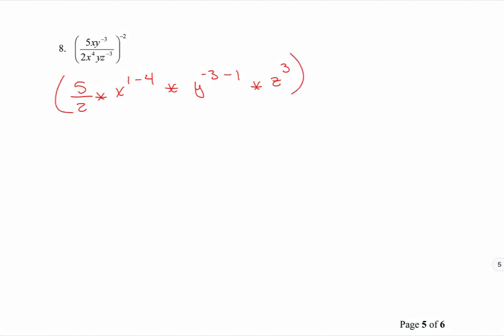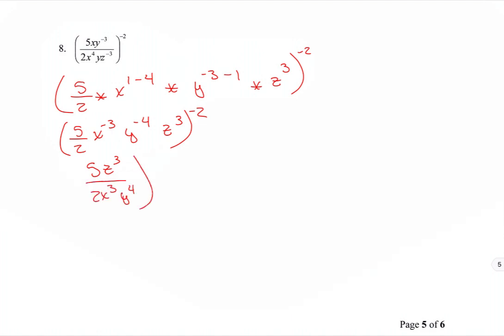All of this is raised to the negative 2. So this becomes 5/2 x to the negative 3, y to the negative 4 times z to the 3. So that's 5z cubed over 2x cubed y to the 4th, all raised to the negative 2.